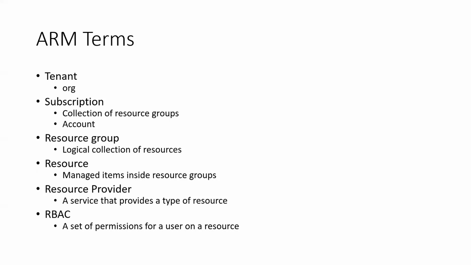So that's the basic structure. A resource group is just a container for resources like storage accounts, VMs, network objects. A resource is a managed item inside a resource group, and then the resource provider is a service that provides the type of resource, and then RBAC is how all the permissions are tied together, and that's controlled by Azure AD.